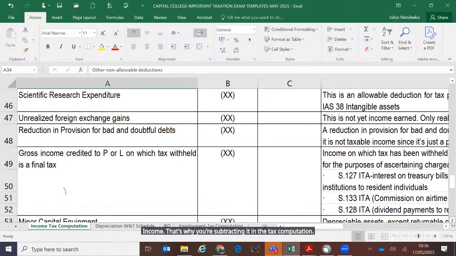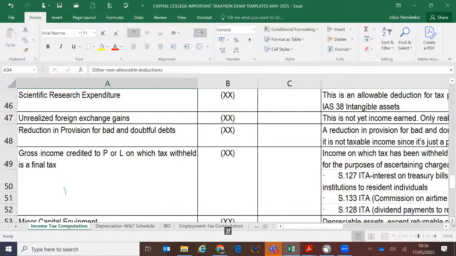The other income that you can't miss is income which has suffered withholding tax as a final tax. I want you to remember these incomes and not make mistakes with them.